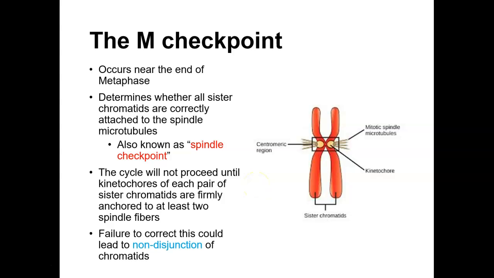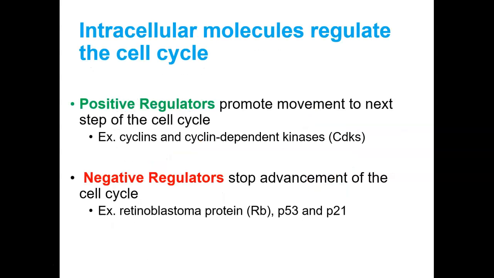Failure to do this could lead to something that's called non-disjunction, where, say for example, this is not properly attached, and when anaphase happens, then maybe both of these chromosomes get pulled to one side, and the other side doesn't get a copy of this chromosome. And so the genome in one of those cells will end up with an improper number of chromosomes.